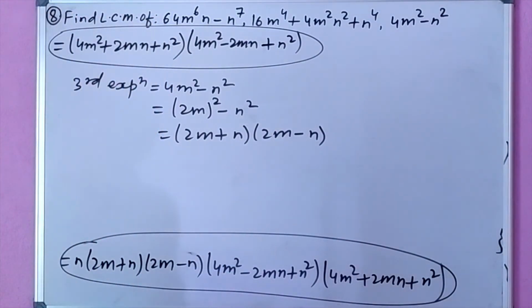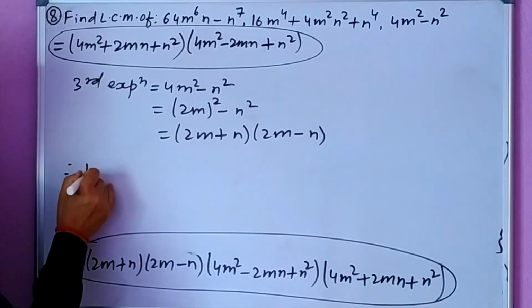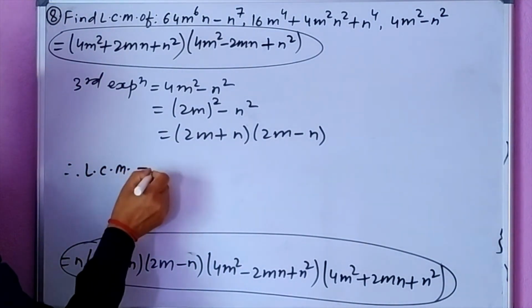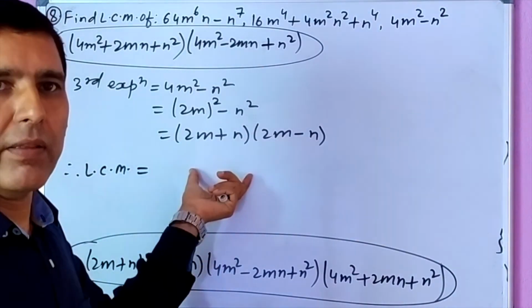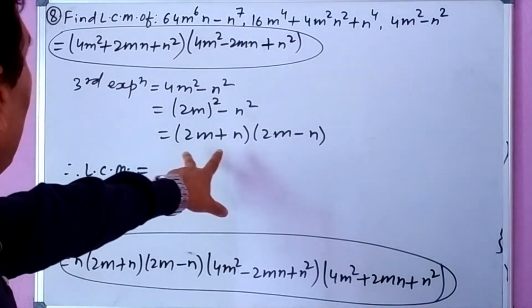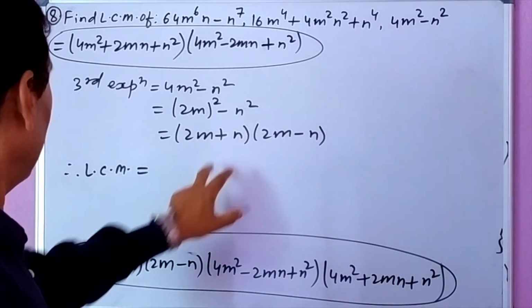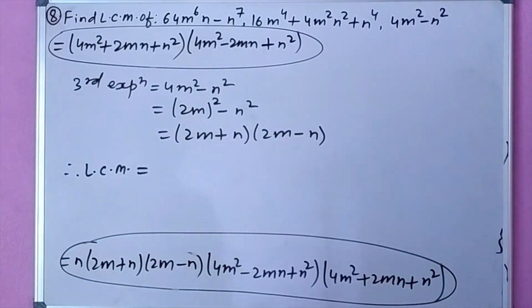So we find their LCM now. Therefore LCM is equal to, we find if there is any factor common in all three expressions. These are the factors of the third expression, these are the factors of the first expression, these are the factors of the second expression.